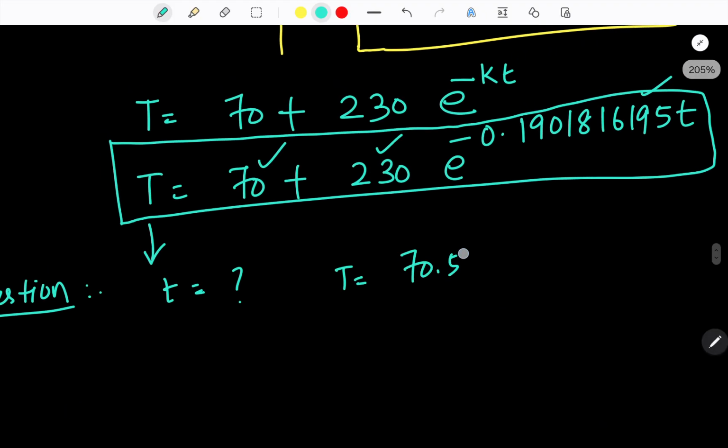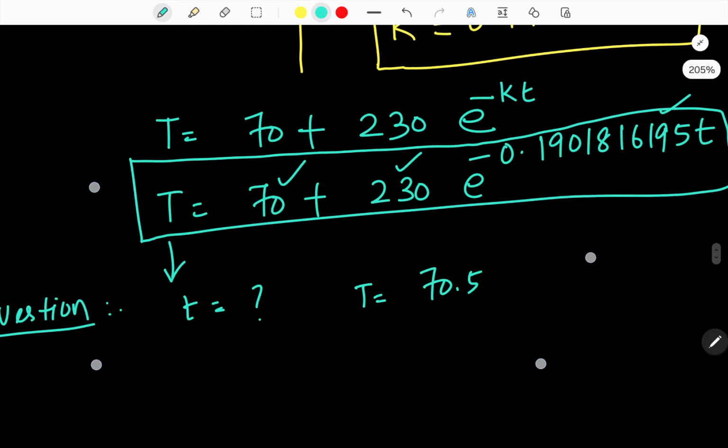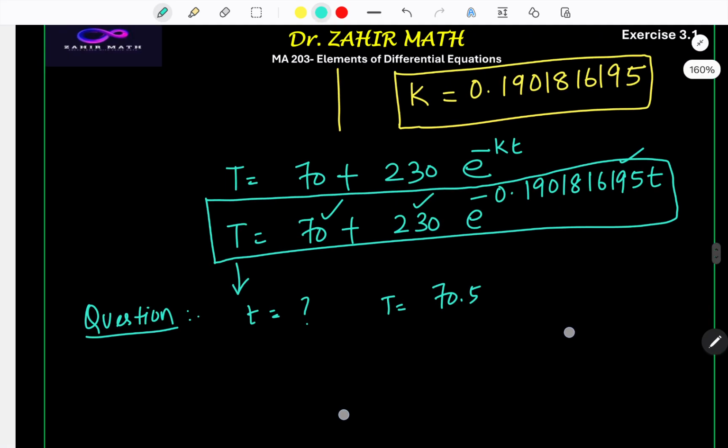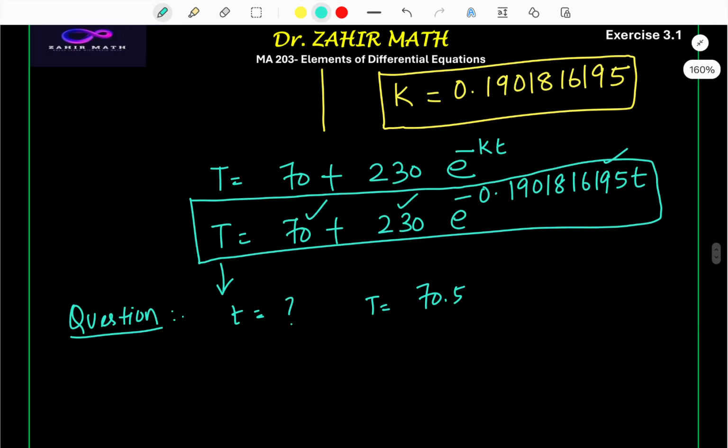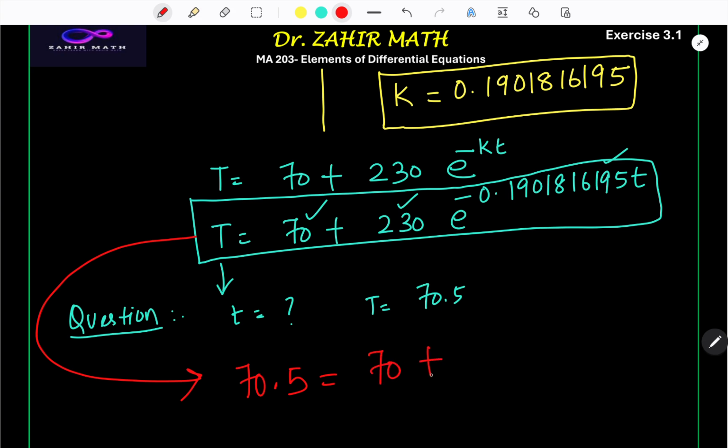So 70.5 is equal to 70 plus 230 e power minus 0.1901816195, and then t is your x.